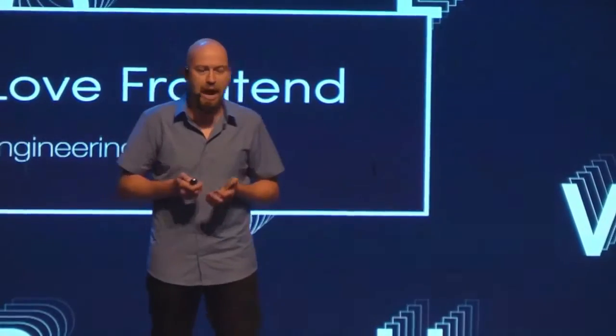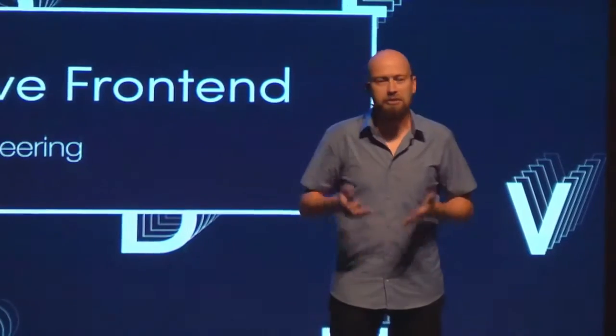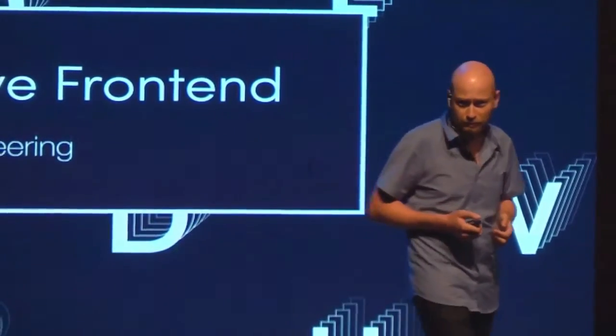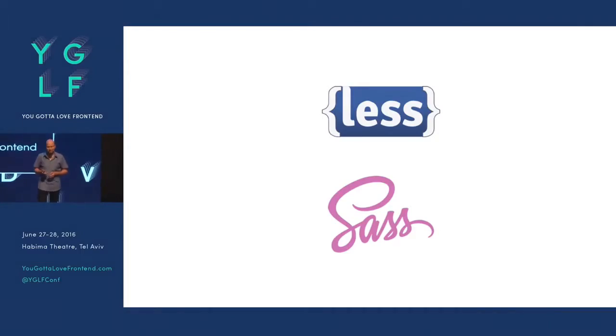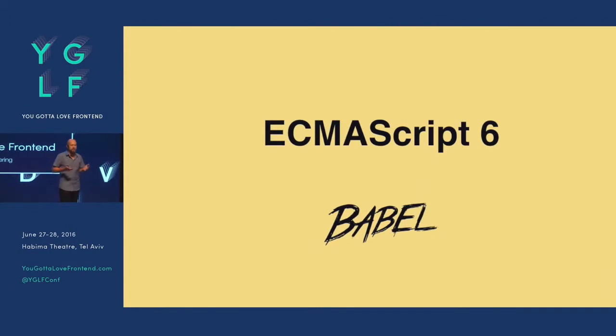But before we start, I just want to ask you, how many of you are writing React applications using the JSX syntax? Right, that's quite a few. How many of you are using Sass or Less? Right, instead of writing the old-fashioned CSS. And I'm pretty sure a lot of you are already today writing your web applications in ECMAScript 6 with all its new funky features, presumably using Babel.